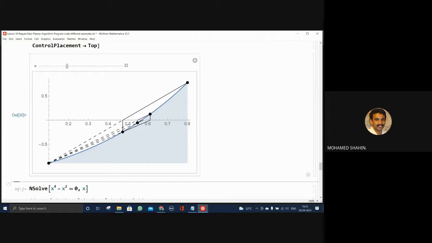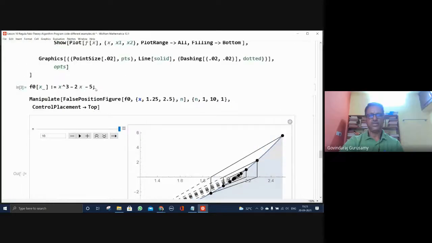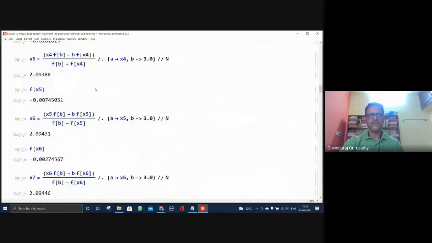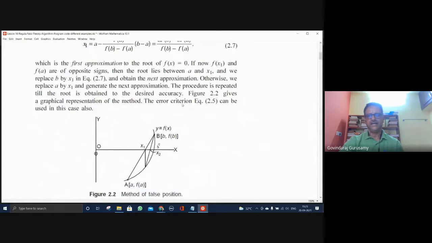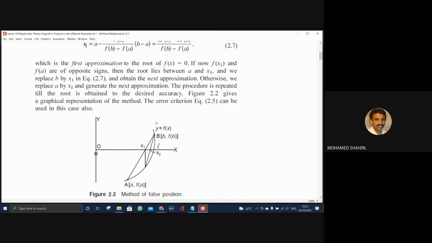Sir, in the bisection method, we know how much accuracy we want. But here, is there any way? No, no. Please read this here. Already that has been explained. The error criterion, equation 2.5, can be used in this case also. This is actually for the bisection. The same criterion can be used here.